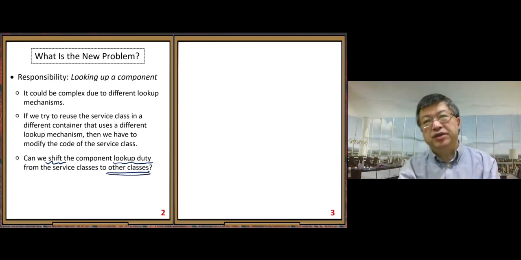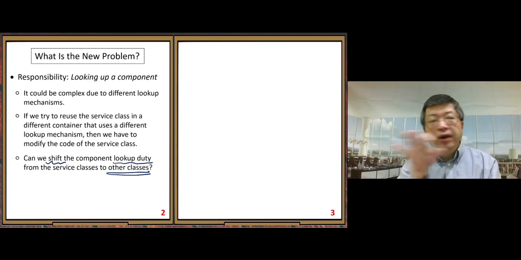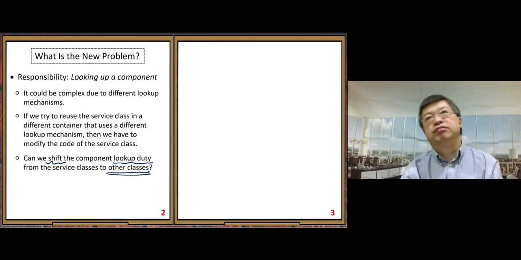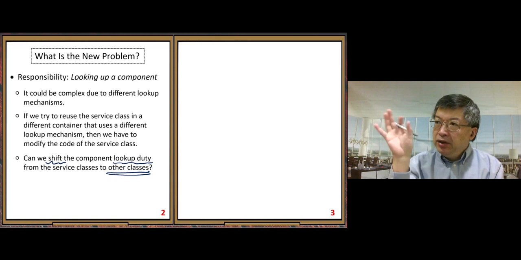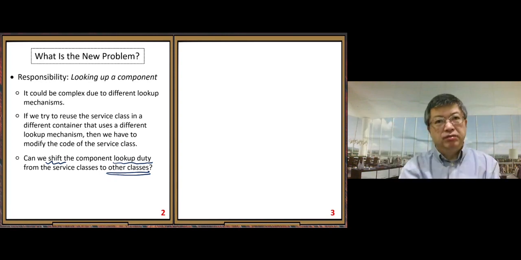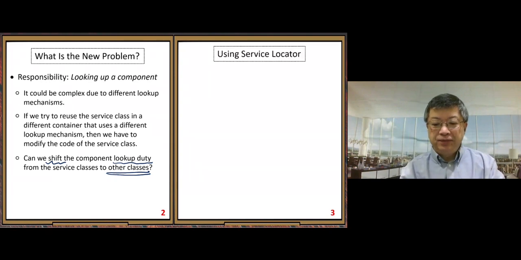The responsibility is still there. The lookup logic is still there, but we just do the shift. Not in the service class, but in a different specialized class. So that's the new improvement idea.